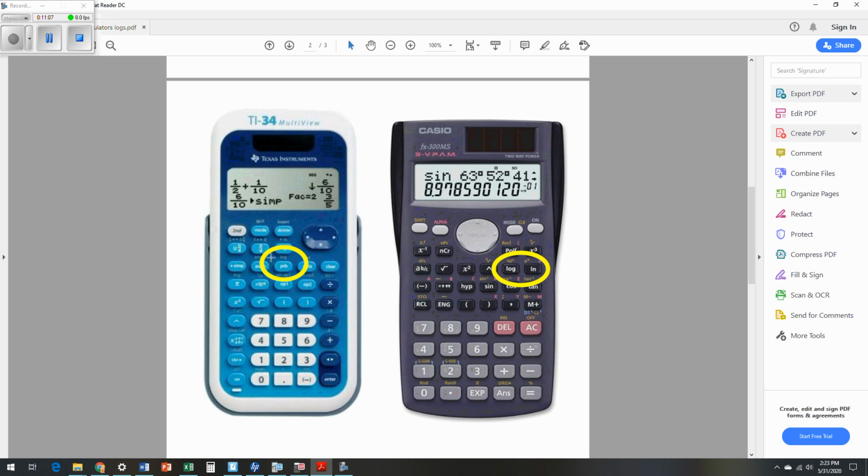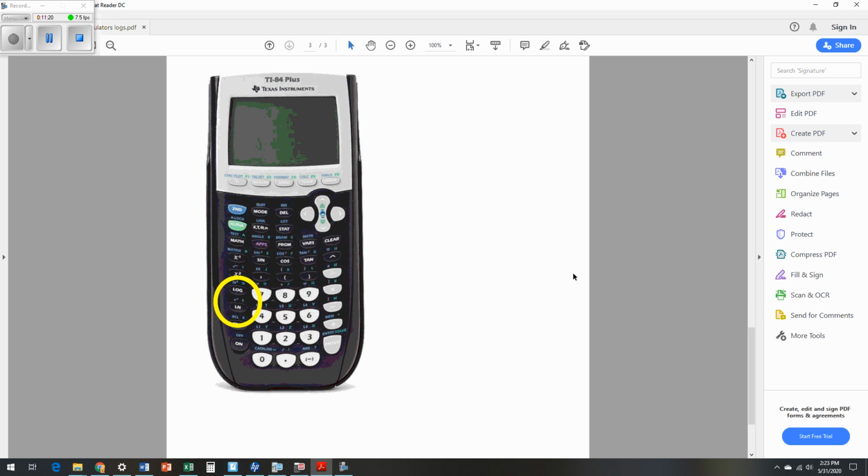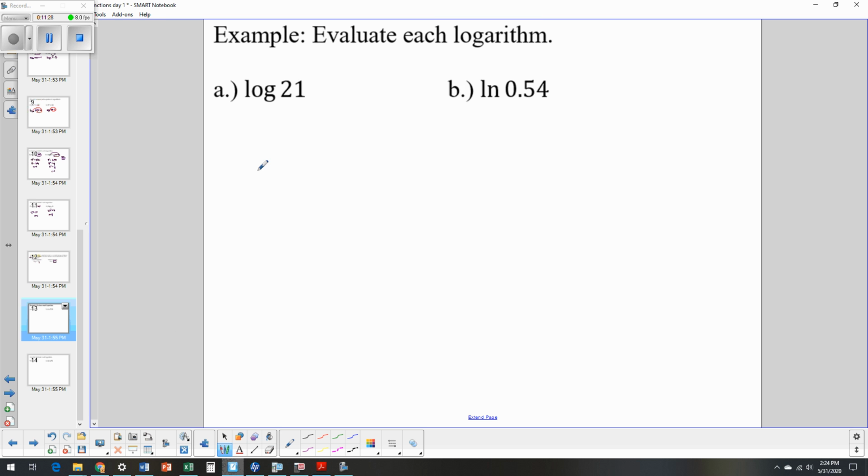You hit second and then that, and it'll give you some options. If you have the Casio FX300 MS, again, just like the other Casio, there's two separate buttons, log and natural log. And if you have a graphing calculator, there's two buttons on there, natural log and log, right above each other.